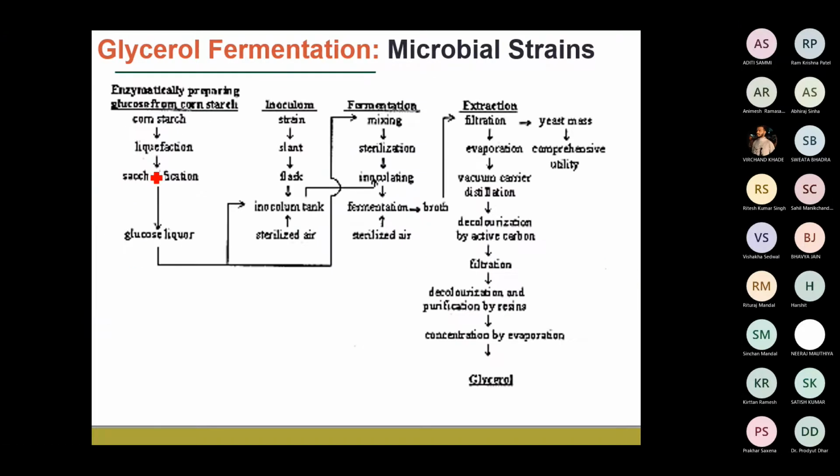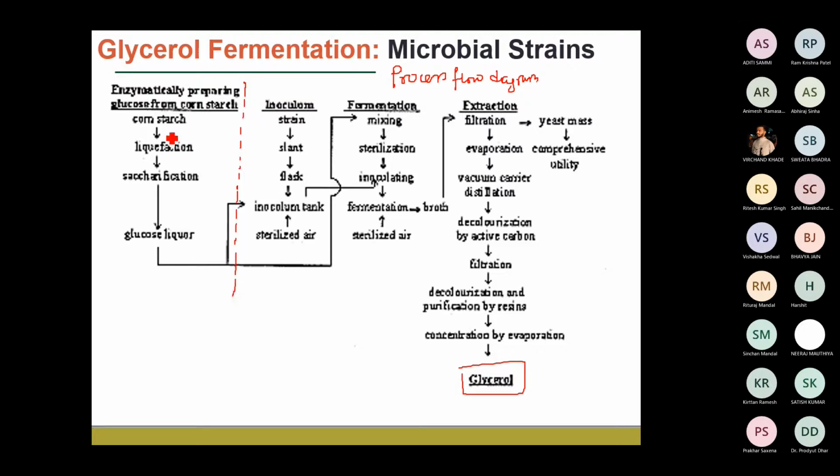Next, let us look into the overall process flow diagram. This shows you the process flow diagram on utilizing the carbon sources for the production of the glycerol as a final product. Here we can classify it into different steps.